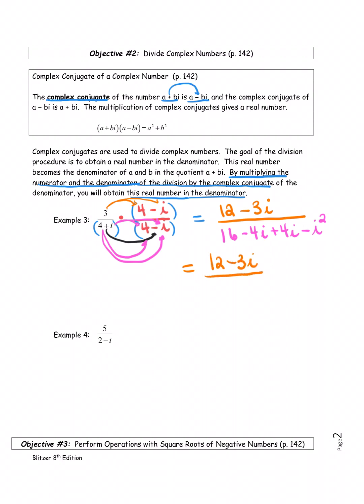But cleaning up the denominator, notice that -4i plus 4i cancels out, leaving me with 16 minus, and we know i squared is -1, so we have 12 minus 3i over 16 plus 1, which is 17. And to write this in a plus bi format is basically 12 over 17 minus 3 over 17i. I've just split the fraction.